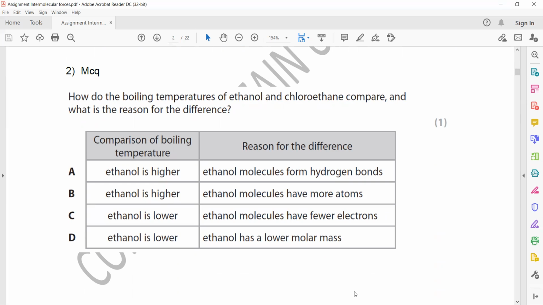When we compare the boiling temperature of ethanol with chloroethane, in ethanol, when we draw the structure, 2 carbon atoms are there with a single bond between them, and because of the OH group, this is OH.